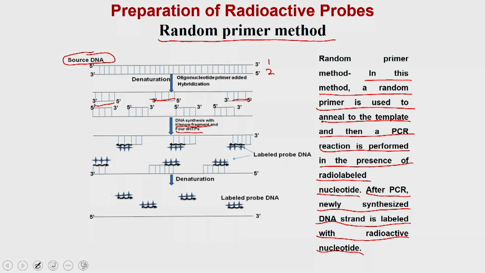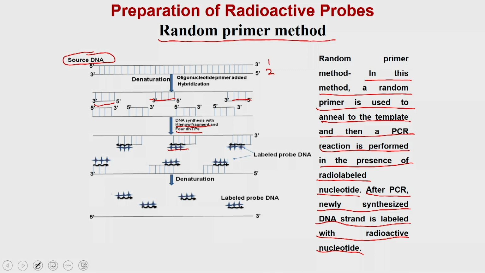The Klenow fragment takes the primer and synthesizes the stretch, and because of that it incorporates the radiolabeled nucleotides instead of normal nucleotides.